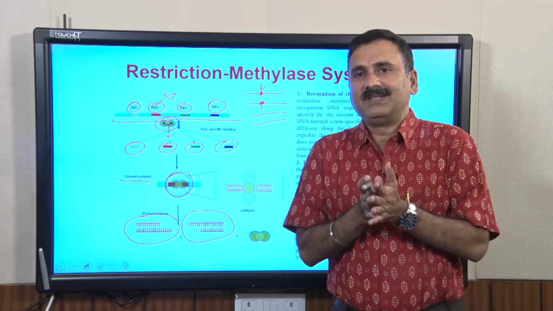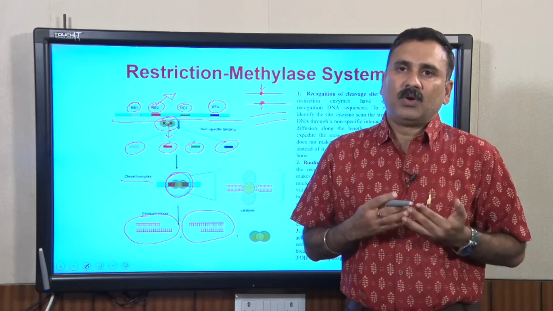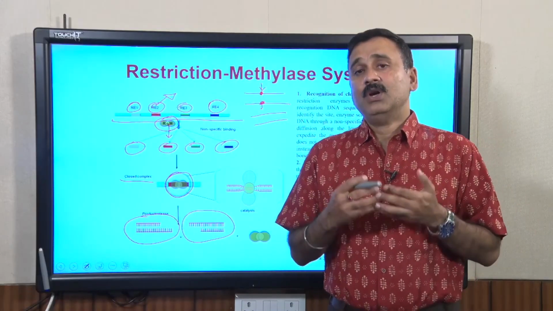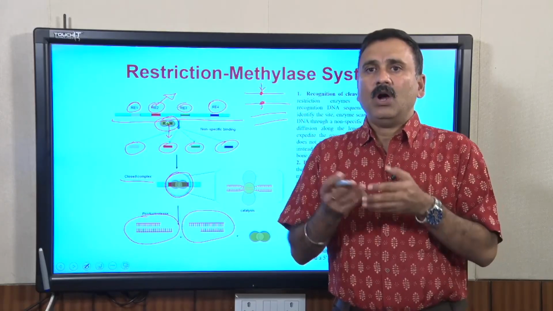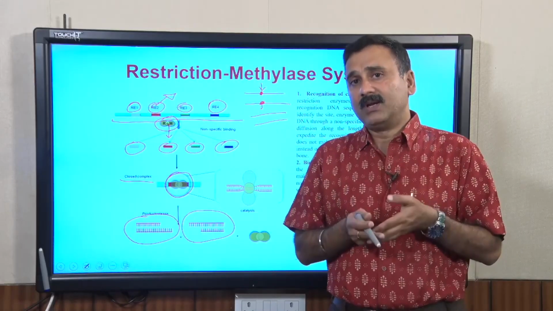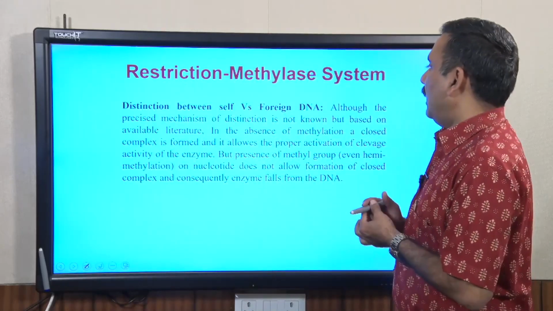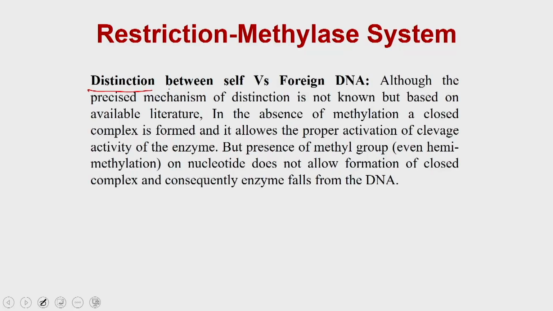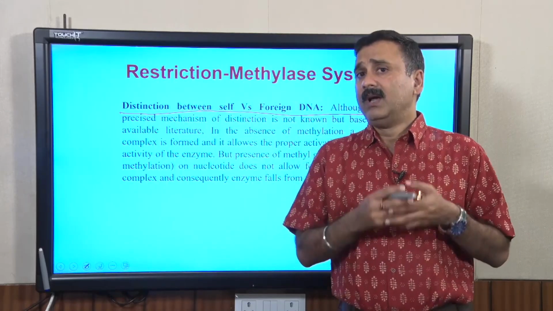So, the restriction methylase system is a very precise system adopted by microorganisms or smaller organisms to protect themselves from the propagation of bacterial or viral DNA or other kinds of DNA from other organisms. The restriction methylase system is also going to distinguish, this is what we have already discussed, between self and foreign DNA, simply because the foreign DNA is going to be unmethylated compared to the self DNA, which is either going to be methylated or hemimethylated.